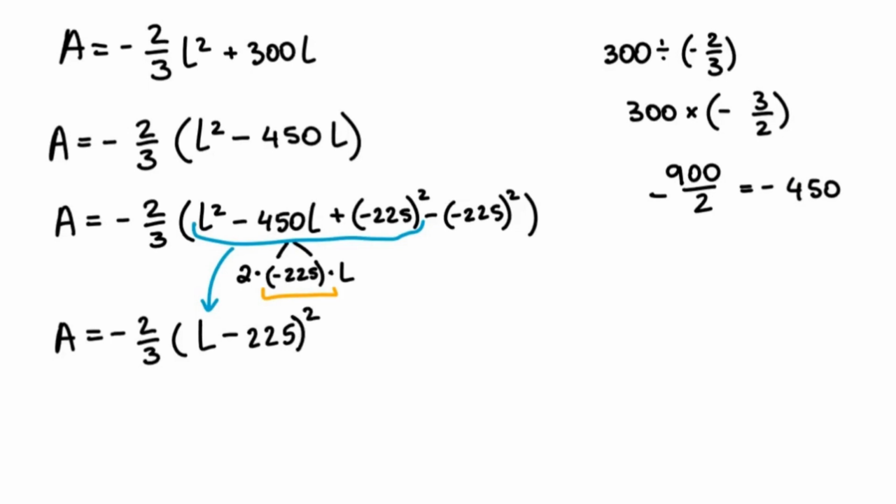Then in order for us to get the k value of the vertex, we still need to multiply negative 2/3 by the square of negative 225, and that square will be negative since we still have a negative in front of it. So let's just do that.